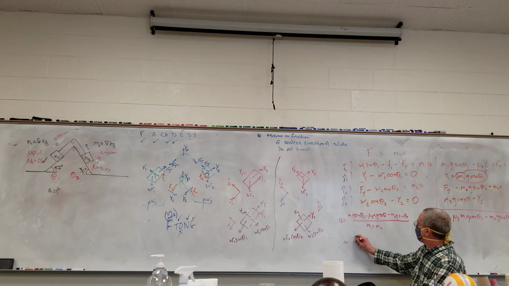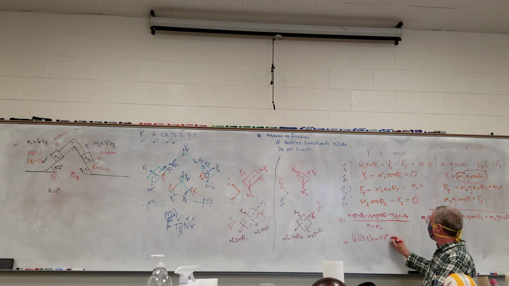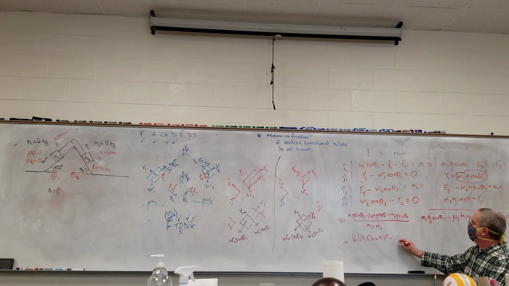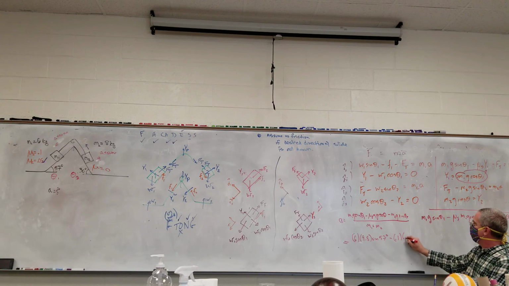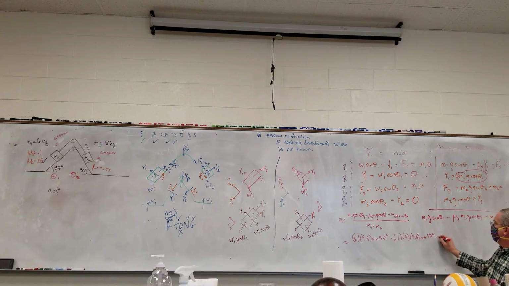That was 6 times 9.8 times the sine of 57 degrees minus 0.1 times 6 times 9.8 times the cosine of 57 degrees minus 8 times 9.8 times the sine of 30 degrees divided by 14.